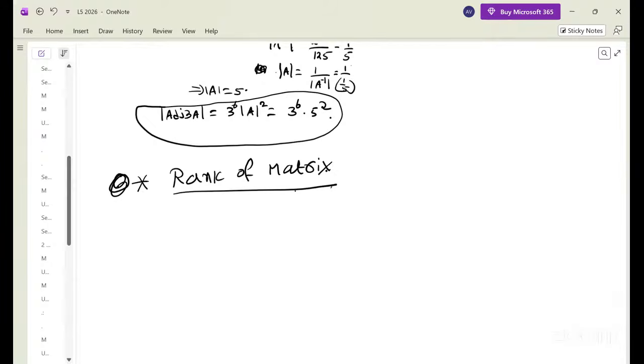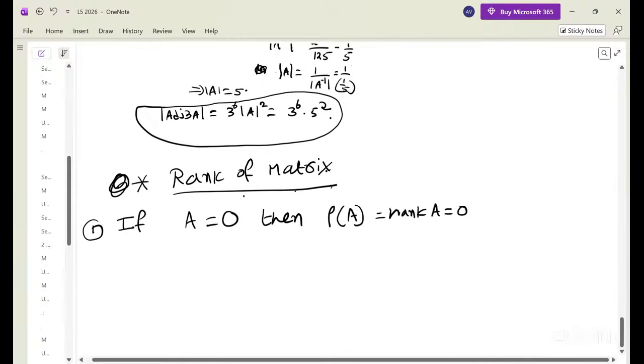Rank of the matrix. If A is equal to 0, that is a null matrix, then the rank of A, generally denoted by rho of A, where rho means rank, is taken as 0. If A is a null matrix, that is a 0 matrix, then rank of A is 0.